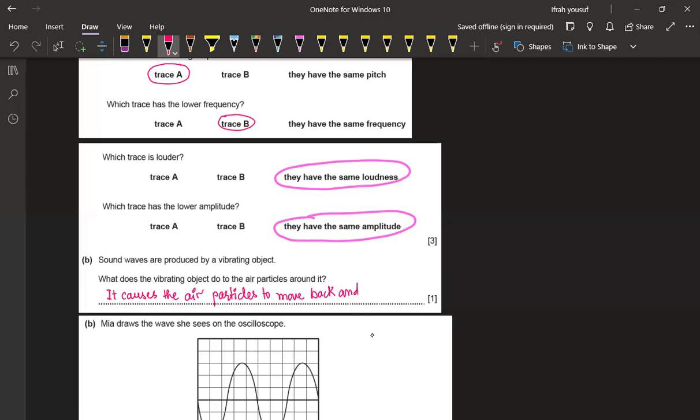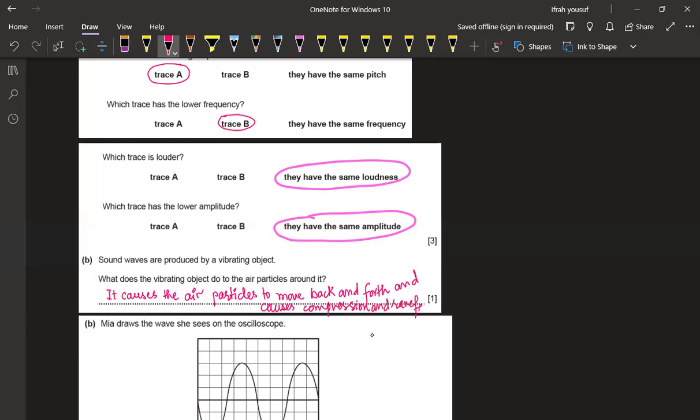Okay, this is the main terminology that should be used here. Back and forth, and it causes compression and rarefaction.